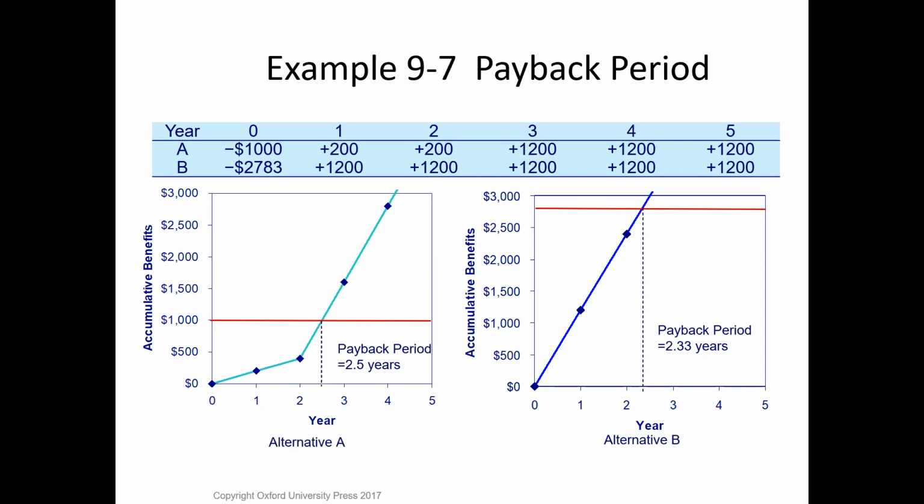You can see A has a smaller payback threshold, and alternative B has a higher threshold, but it also happens a little bit quicker, 2.33 years versus 2.5 years.